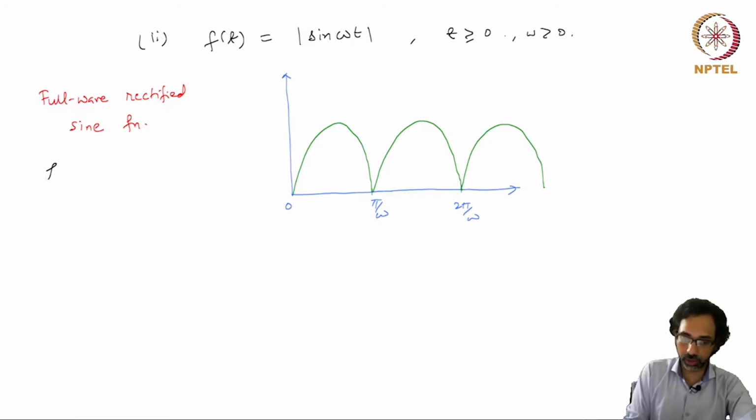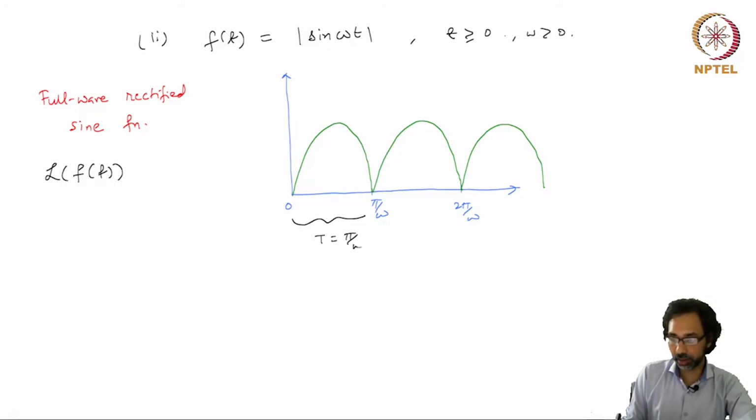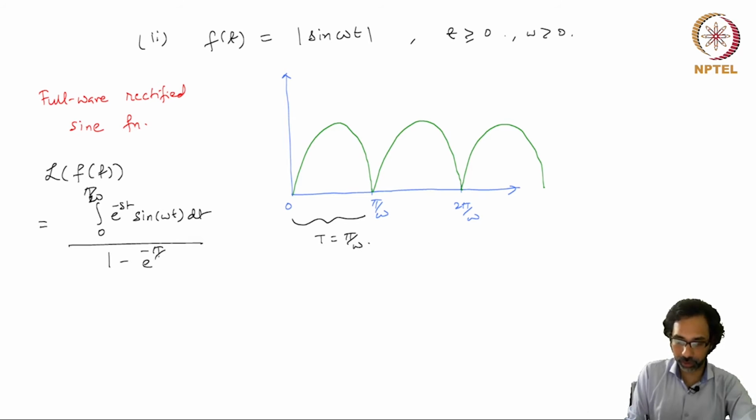So let us try to compute the Laplace transform of f(t). Here note that the period is simply pi by omega. So by the formula for periodic functions we get the integral from 0 to pi by omega of e^(-st) sine omega t dt over 1 minus e^(-pi s/omega).